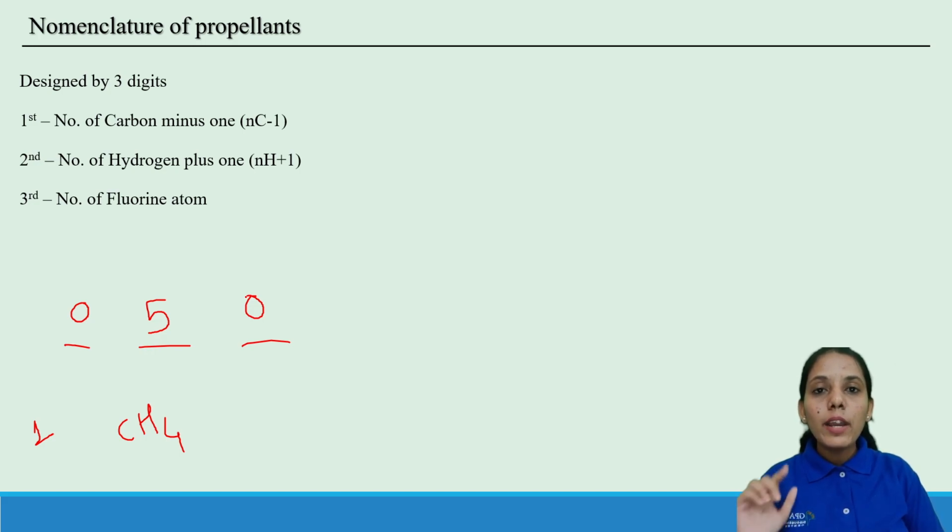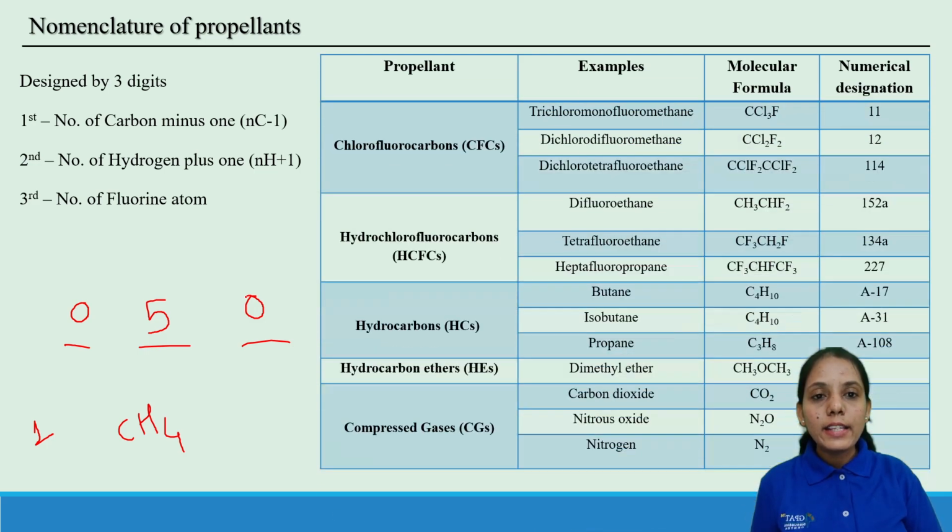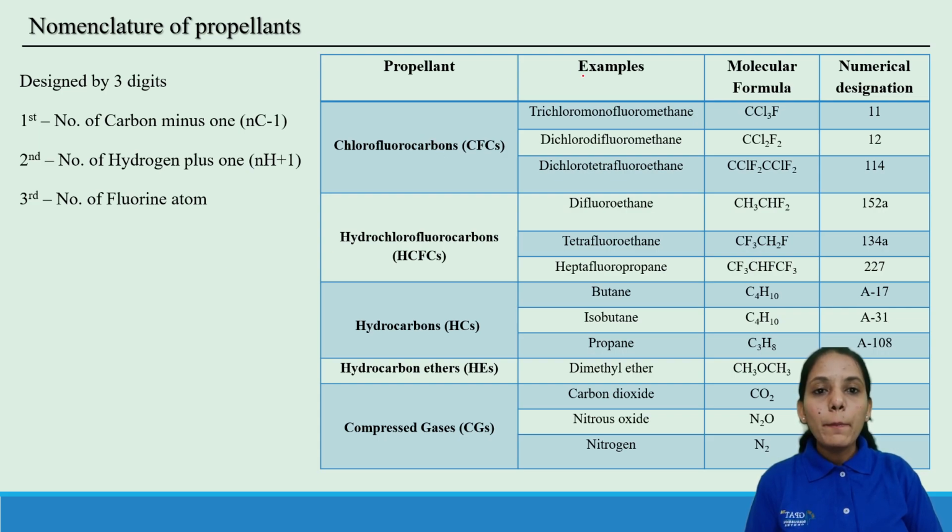Now we will see how this is applied to the propellants. Let's see the examples. First example: trichloromonofluoromethane. Now we all know methane is nothing but CH4, that means one carbon.